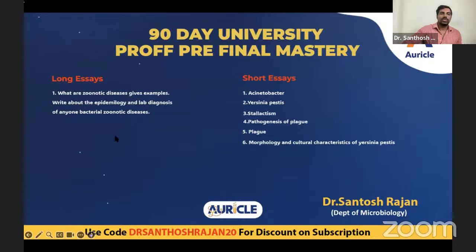So these are the things we are going to discuss today. That is the zoonotic disease one, and the other one is, in short essays, you're going to talk about Acinetobacter, Yersinia pestis, its staining, pathogenesis of plague, and then the morphology and the cultural characteristics of Yersinia pestis. These are the topics we are going to cover, right?